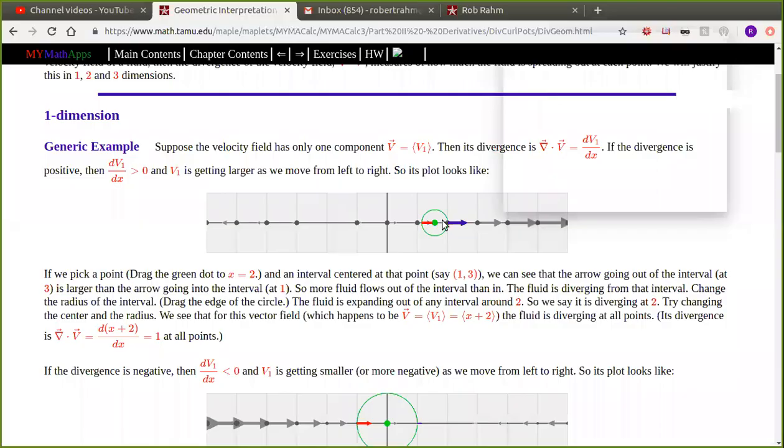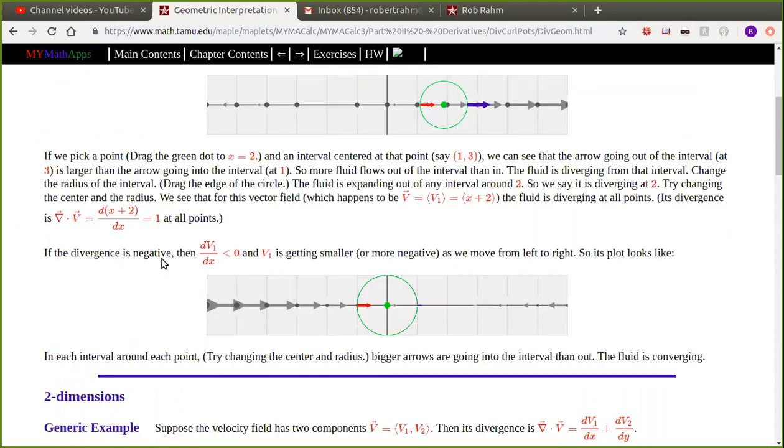So for this example, at least, at every point, the divergence is positive, meaning that if you look at a really small ball around a point, there's more fluid flowing into that region than flowing out of that region. Really, I shouldn't say water, I should say fluid. And if you're trying to wrap your mind around how that can happen physically, considering things like conservation of matter, we'll talk about that in a moment.